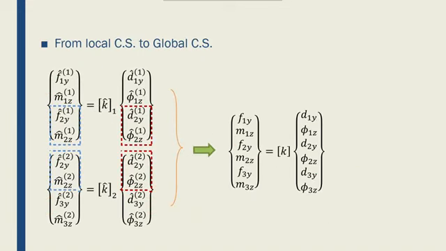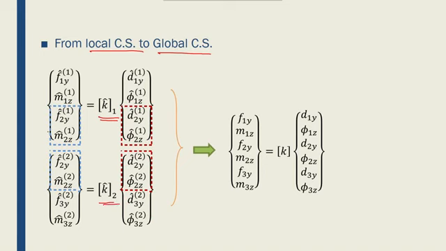So the goal is to move from the local coordinate system to global coordinate system. I have these two equations that relate the local nodal forces at element 1 to local nodal displacements at element 1 with the stiffness matrix of element 1, and the local nodal forces of element 2 to local nodal displacements of element 2 using the stiffness matrix of element 2.